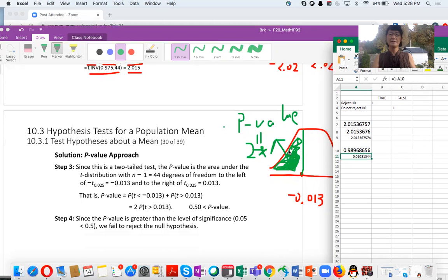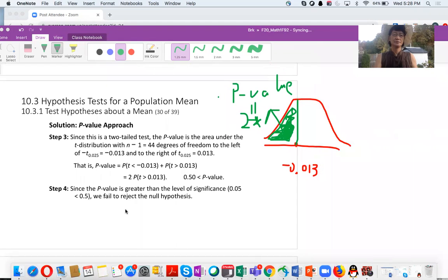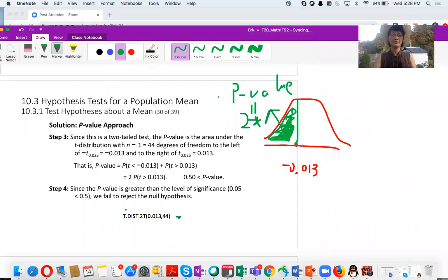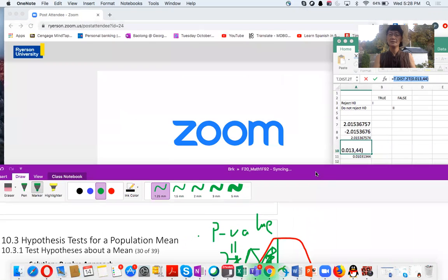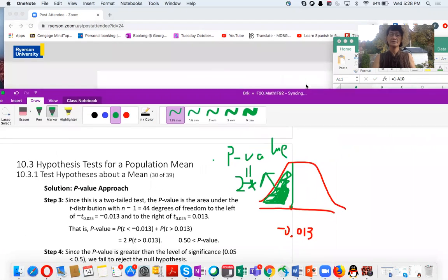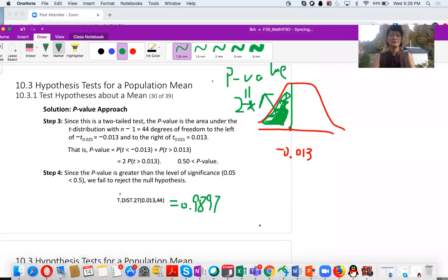So what I did, I will show you the formula. I use this one, Control C. Okay, and this one equals 0.9897.